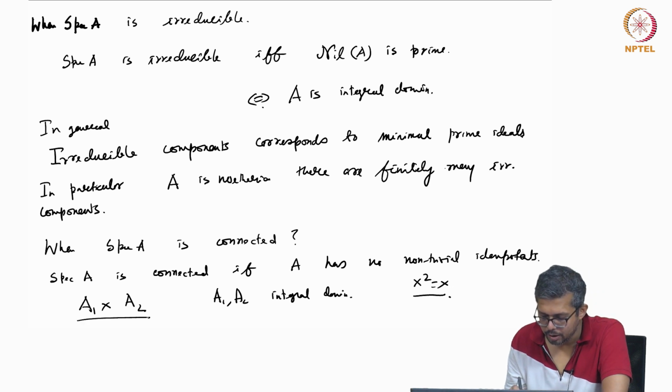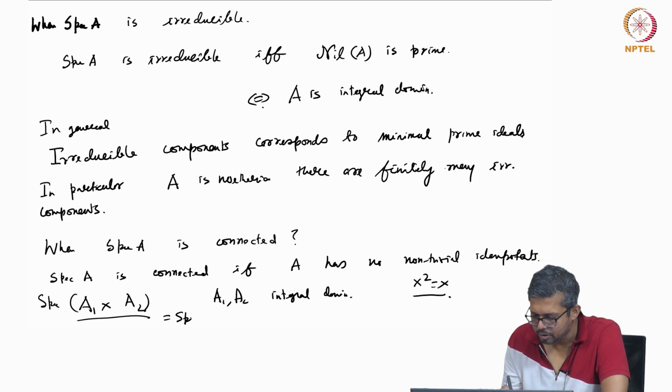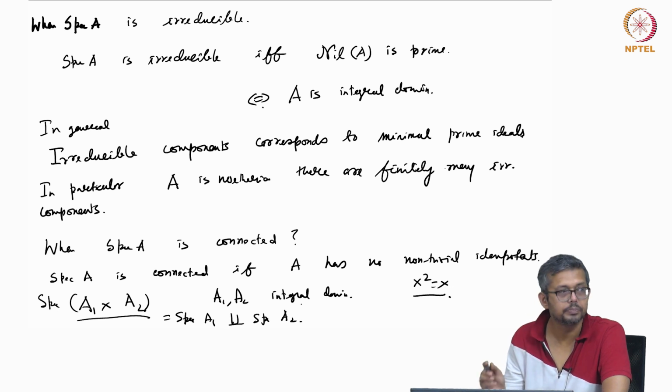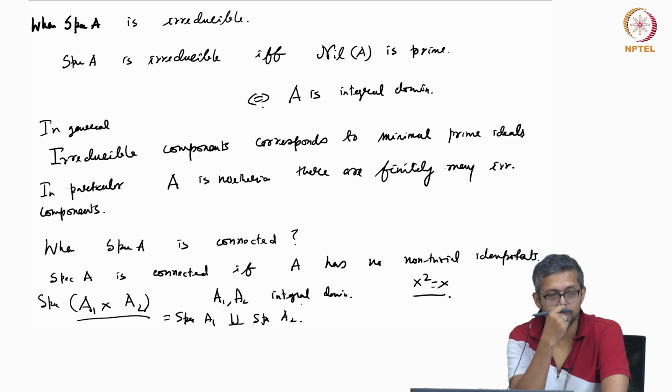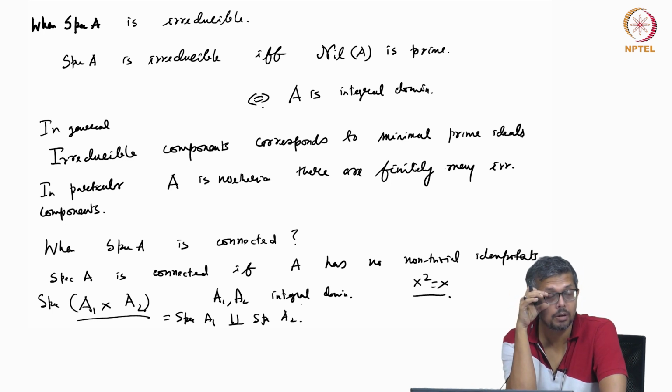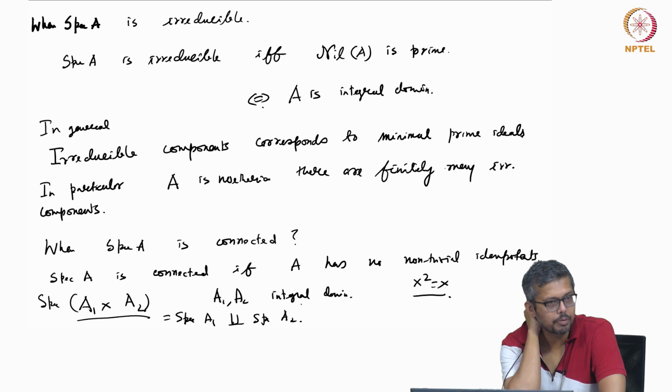But if you take the product, then this has non-trivial idempotents, namely (1,0) and (0,1). So this is not connected. Spec of this is actually the disjoint union of Spec of A1 and Spec of A2. So this is an example of a non-connected product of two rings.